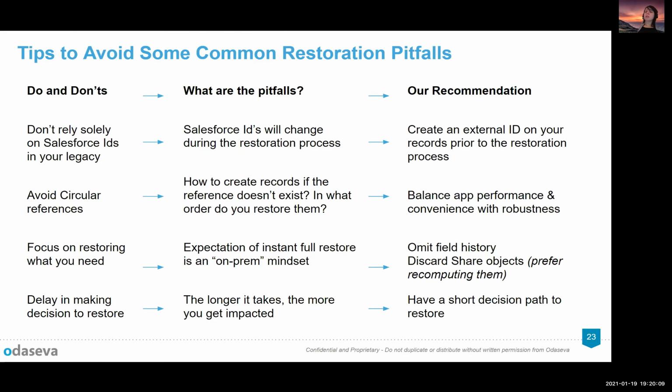So we recommend that you use external IDs on your records prior to the restoration process. Then we recommend that you avoid circular references when possible, because how can you create records if the reference does not exist? In what order are you going to restore them? We also recommend balancing app performance and convenience with robustness.